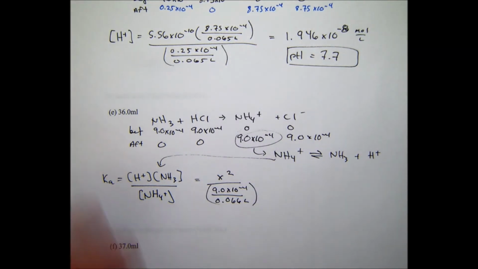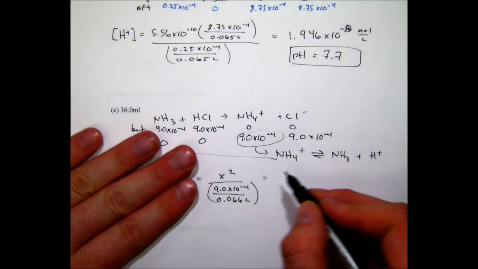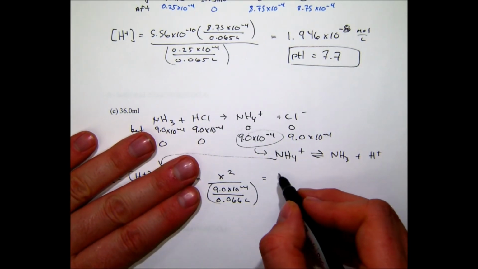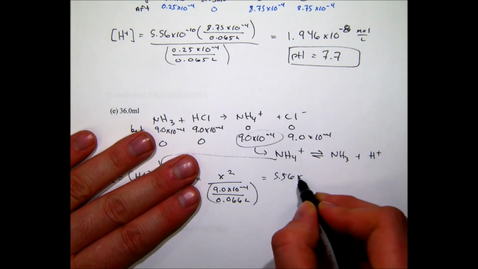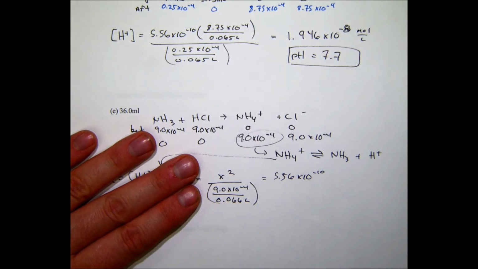Remember, you have to work with concentrations. We'll assume that the loss of x is insignificant. And this whole expression is equal to 5.56 times 10 to the negative 10.